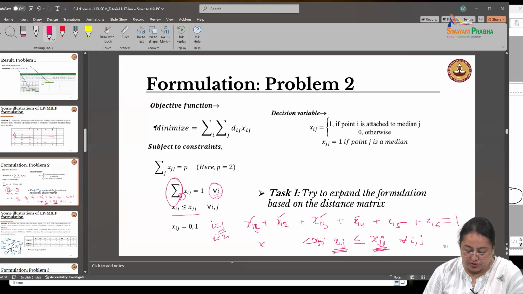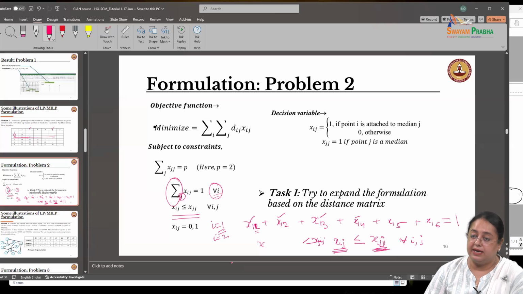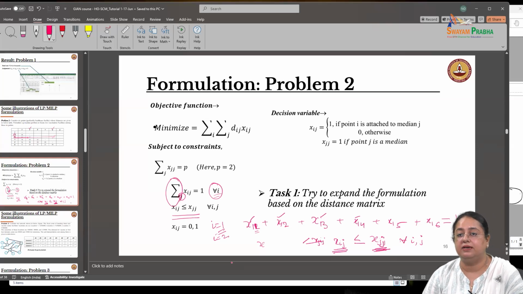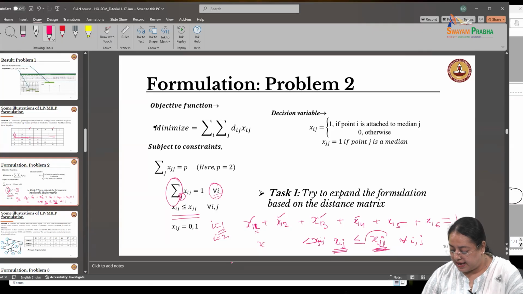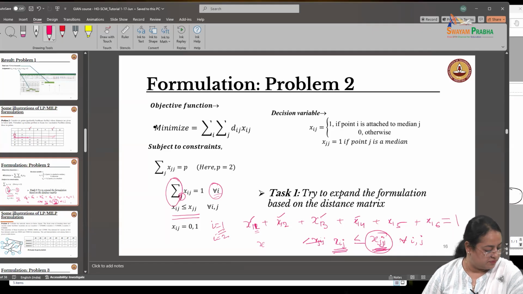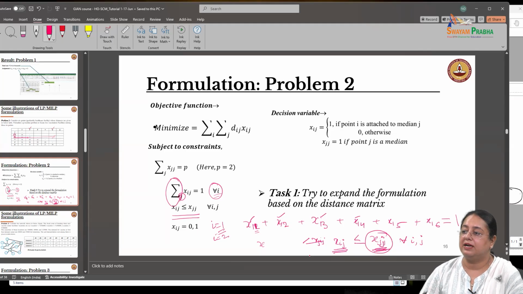So how would we ensure that whatever facilities we are assigning to potential healthcare, the assignment should be in such a way that those would be assigned only to the Xjj which are 1. This would prevent assigning the facilities to unopened healthcare facilities, meaning the facilities which are not selected as the potential healthcare facility.